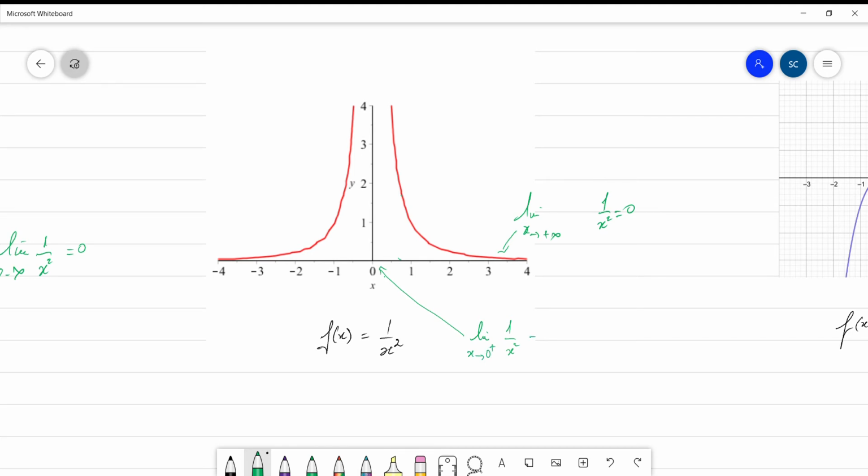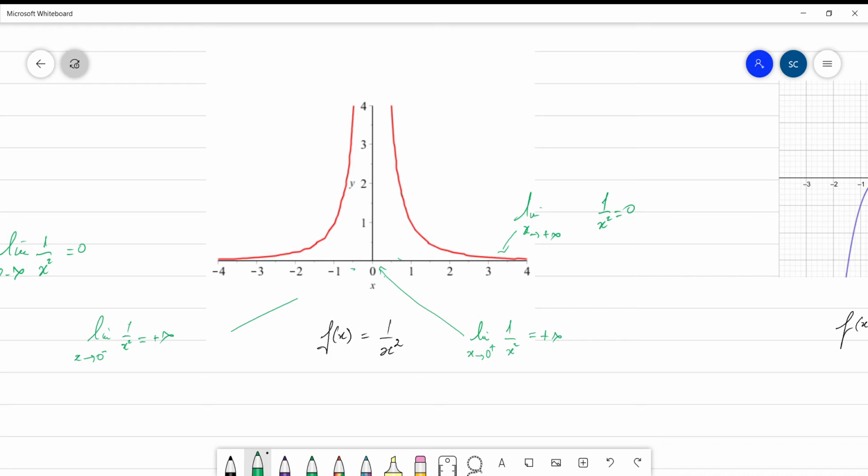I have two different behaviors. For x approaching 0 plus, I write plus because my function is not defined at 0, so I have to be precise about this. And from the other side, I have this behavior: the limit of 1 over x² as x approaches 0 minus is also plus infinity. It takes positive values.